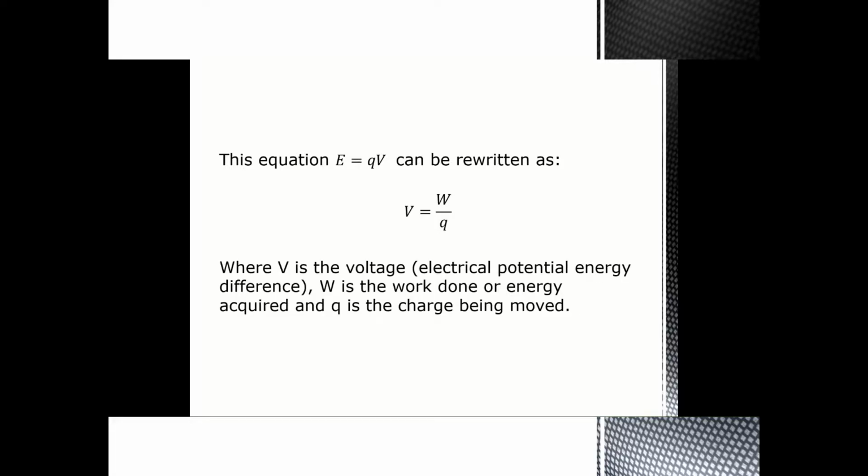Quite often they'll write this as W over Q. W is work, which is also referred to as the change in energy. So the voltage is the amount of energy used up in the circuit divided by the charge that's being moved through the circuit.